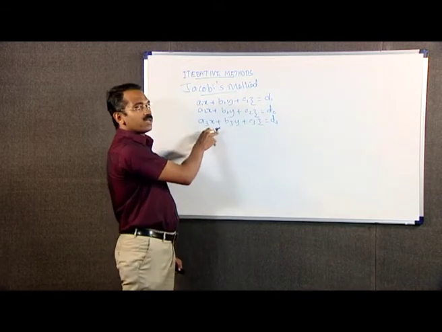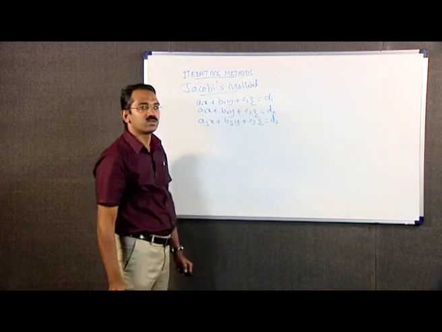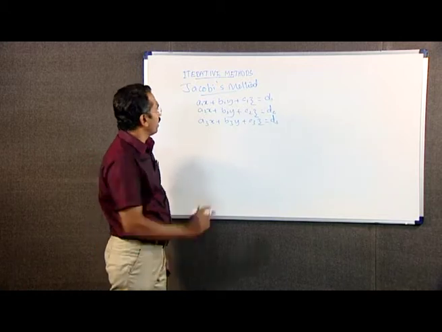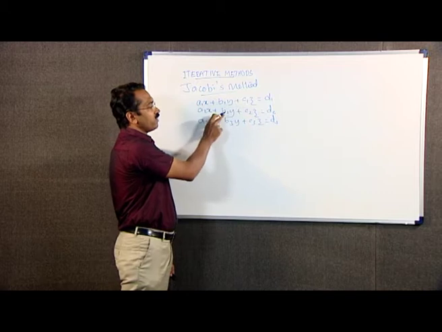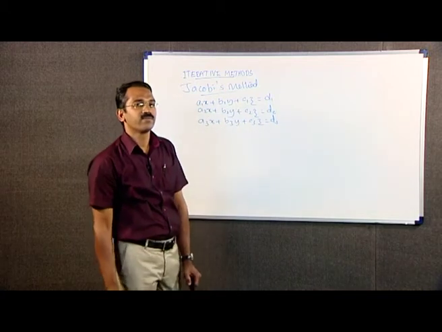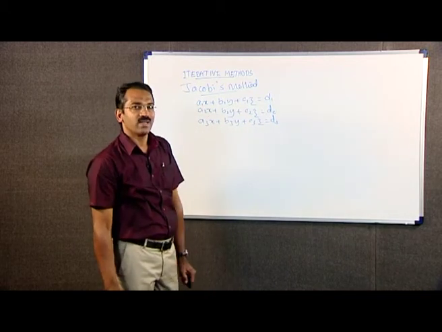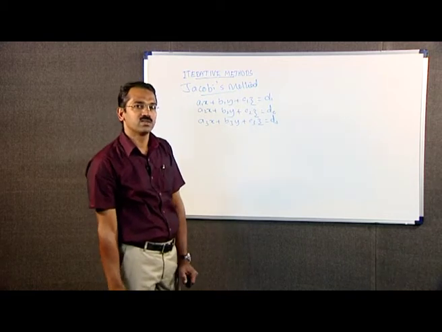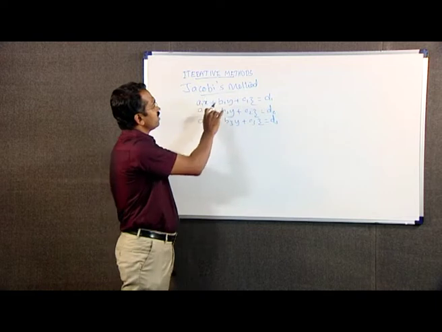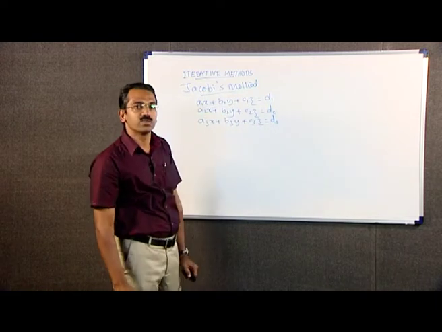A system of 3 equations in 3 unknowns. If the coefficients a1, b2 and c3 are large as compared to the other coefficients, we can solve this system by Jacobi's method.